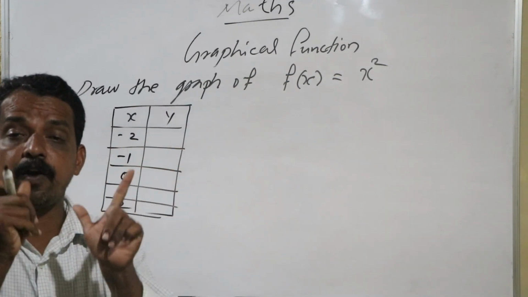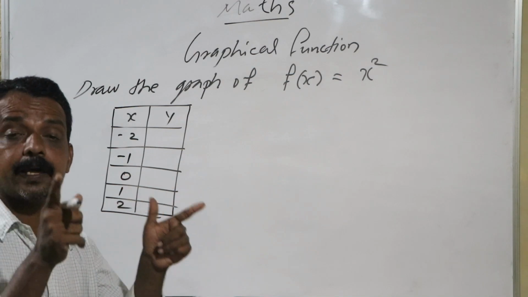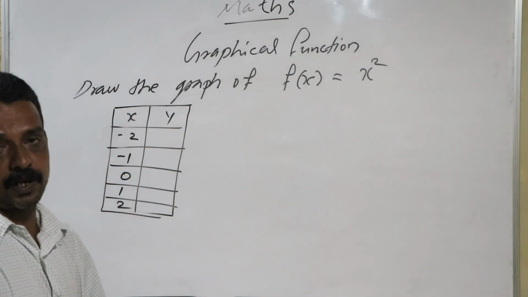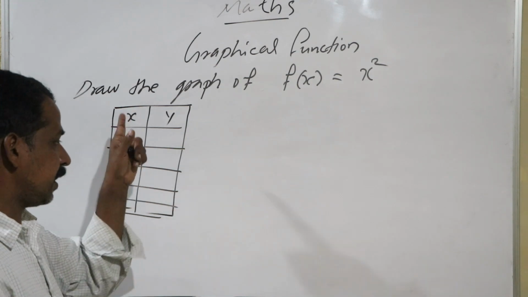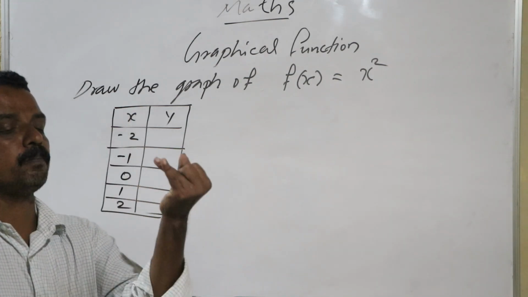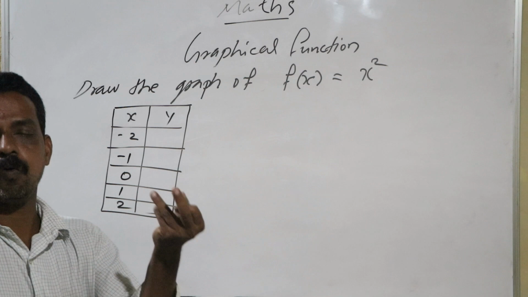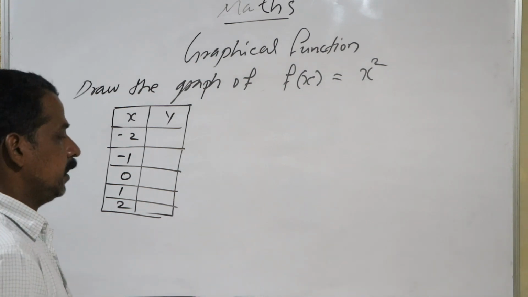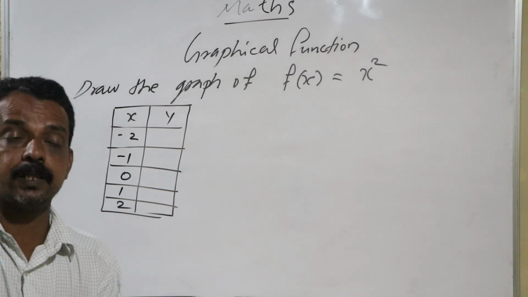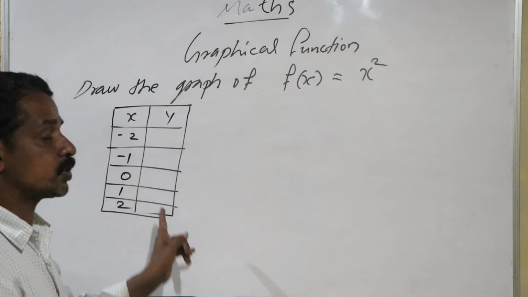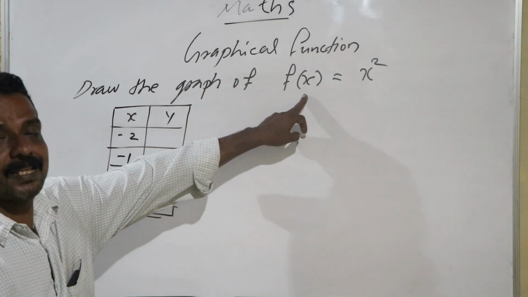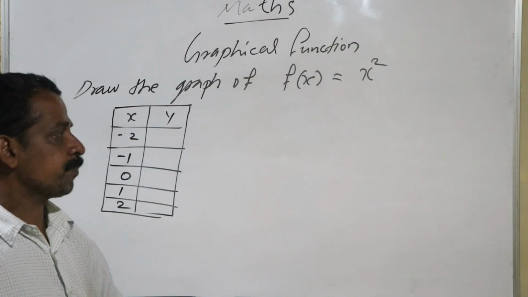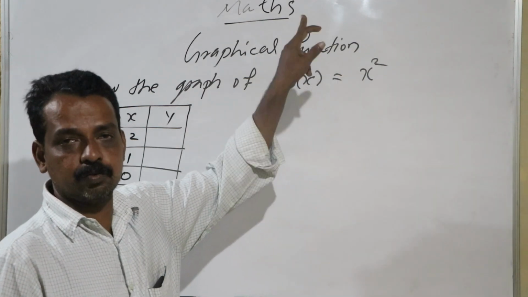Then we must find out the ordered pair of these x elements. First step, we pick out 5 x elements such as -2, -1, 0, 1, 2. Then we must find the ordered pair of each one. For that, we use this equation, f of x is equal to x square.